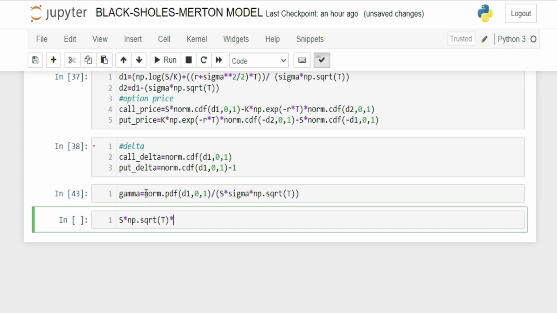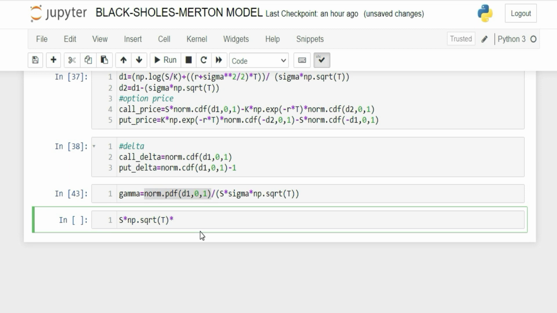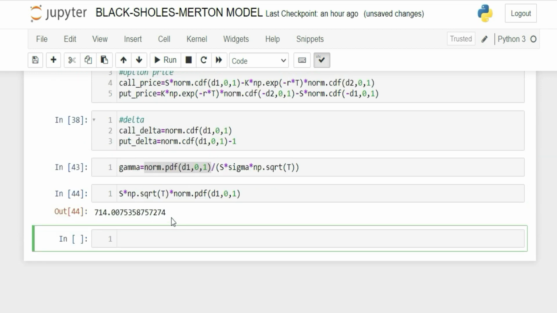N(d1) is anyway this one. If you run this, this is your Vega.